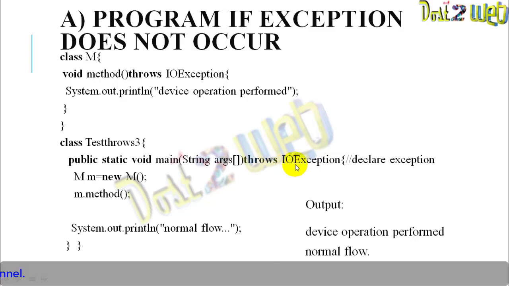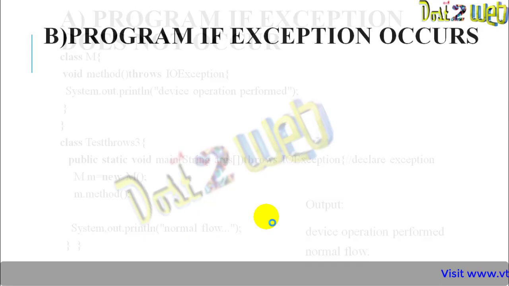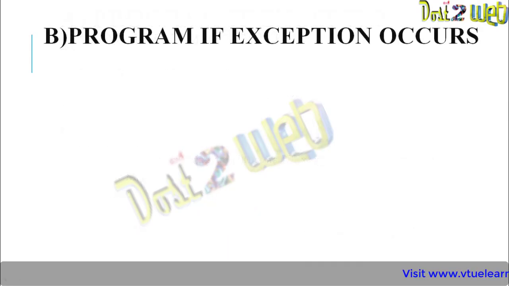So it will take it from there and print device operation performed, and then it will come to the normal flow. The method has been called, so what the method prints is displayed, and the normal flow of the program is also displayed. Okay, so another situation where your exception occurs.